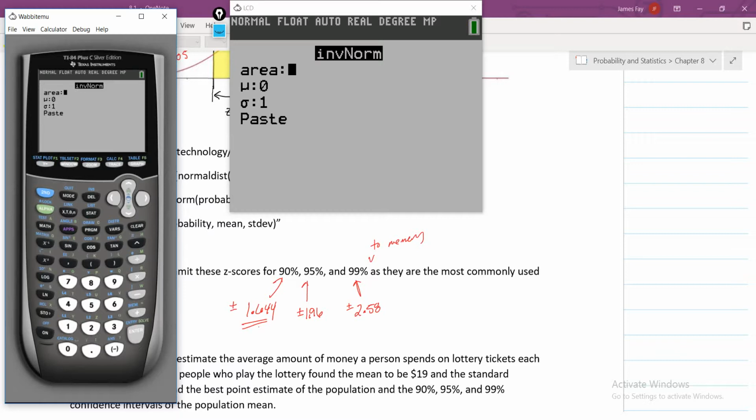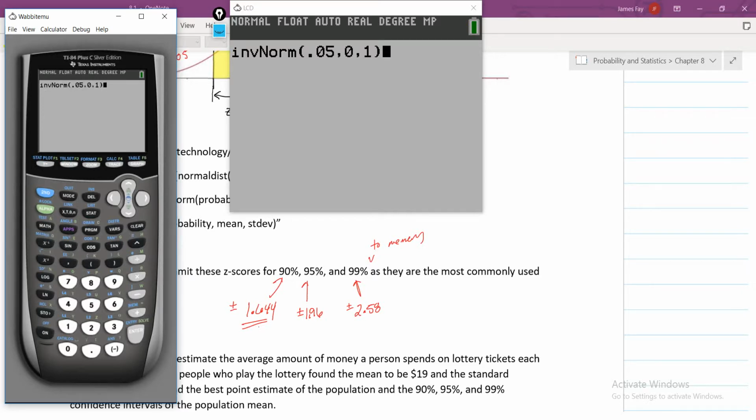It looks different on other calculators, so we just mess around with this one and see. So the area that I want would be, let's go with this 90%. I'm looking at that left tail, so I want 0.05. That's all fine. Hit enter, enter, enter, paste.